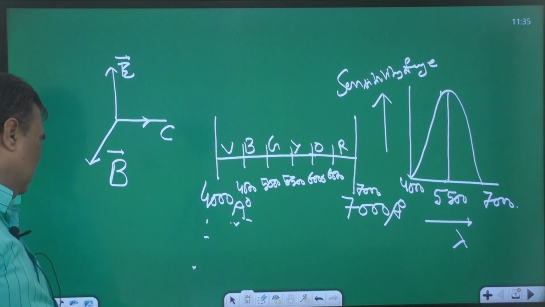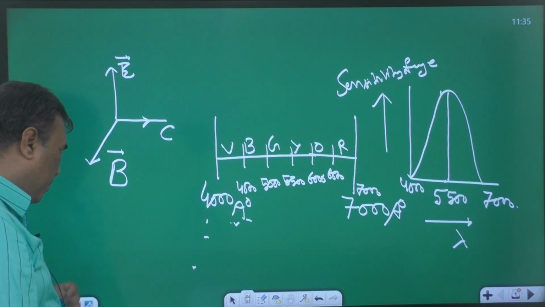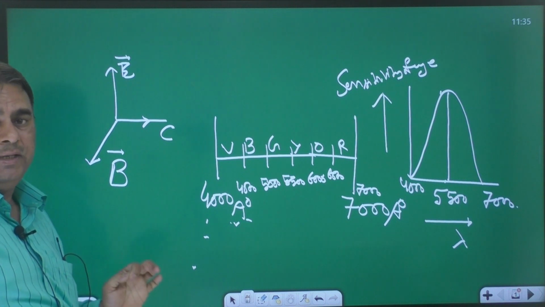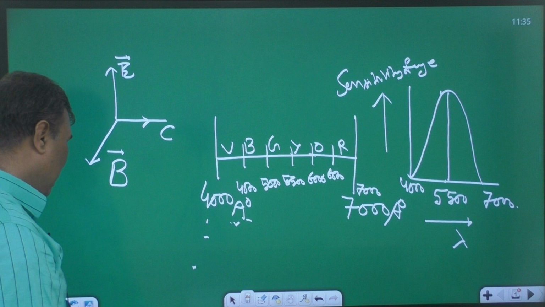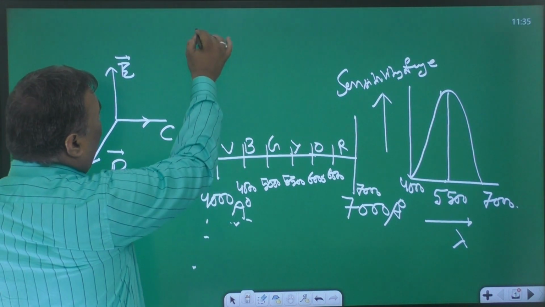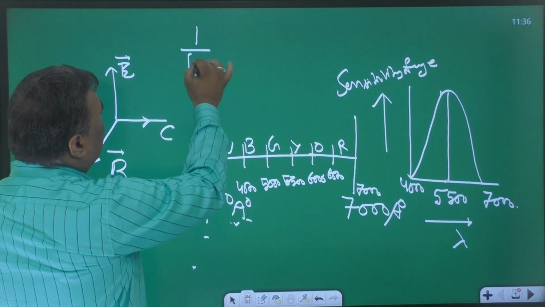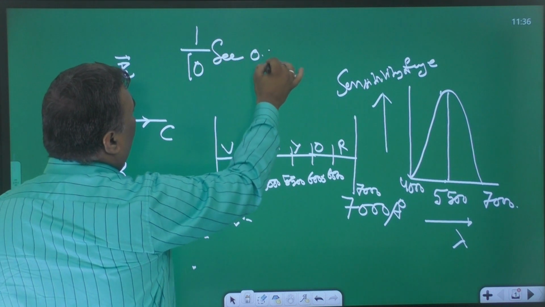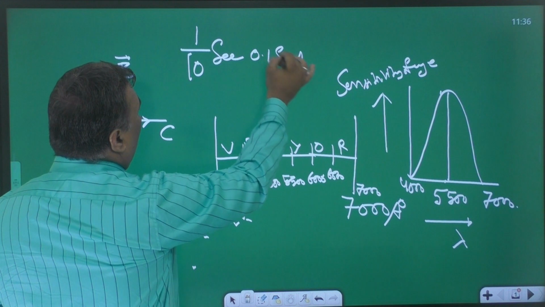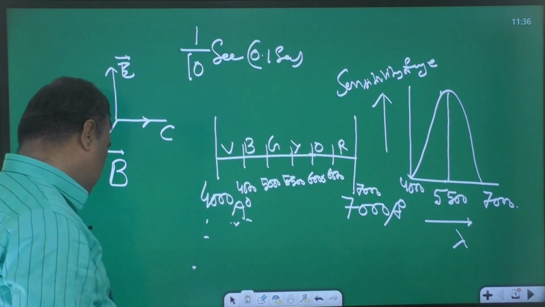After that, the next point comes: persistence of the eye. The persistence of the eye is only 1 upon 10 second, 0.1 second. What is the meaning of this?